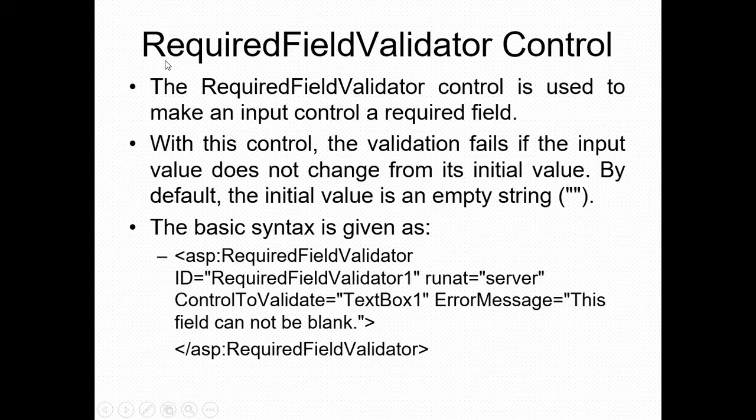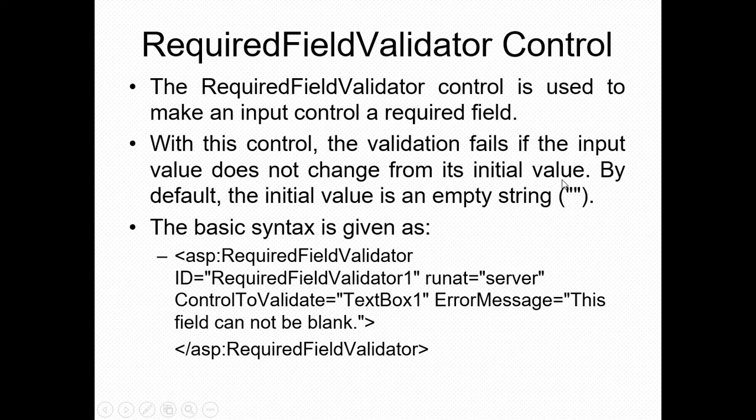Okay, let's start. Required field validator control. This control is used to make an input control a required field. As the name says, when you apply this validation, you have to enter the data in that particular control. With this control, the validation fails if the input value does not change from its initial value.